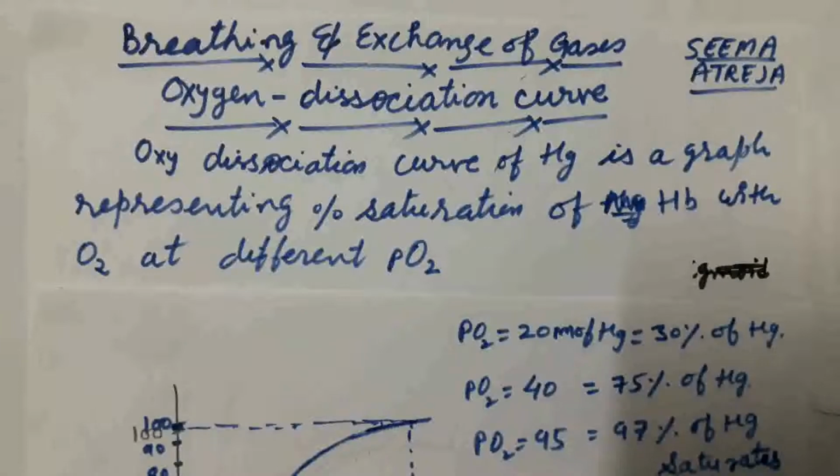It is showing the percent saturation of hemoglobin with oxygen at different partial pressures of oxygen. At different partial pressures of oxygen, how much hemoglobin is saturated with oxygen.